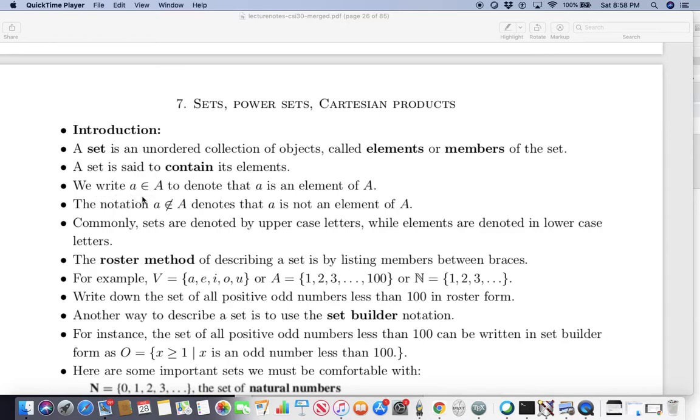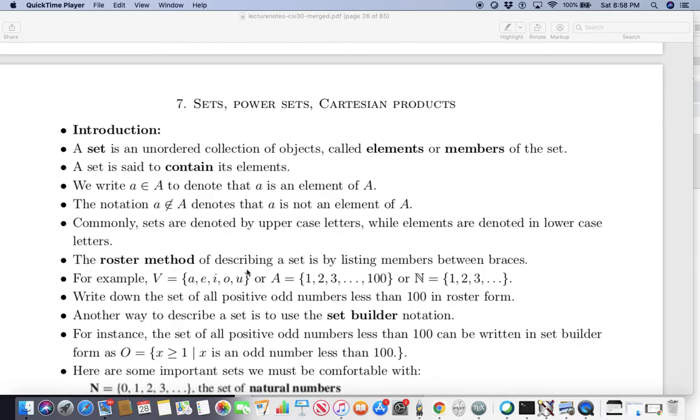We write a ∈ A to denote that a is an element of A. The notation ∉ stands for "is not an element of." a ∉ A means a is not an element of capital A. Commonly, sets are denoted by uppercase letters, whereas elements or members of the set are denoted in lowercase letters.